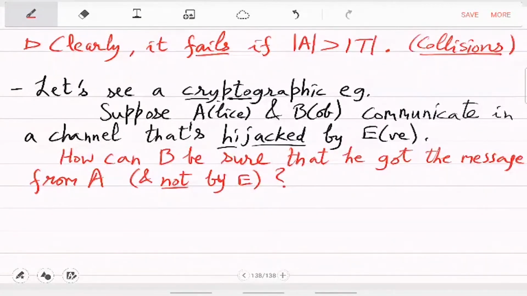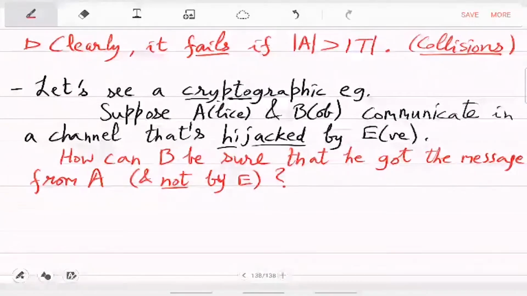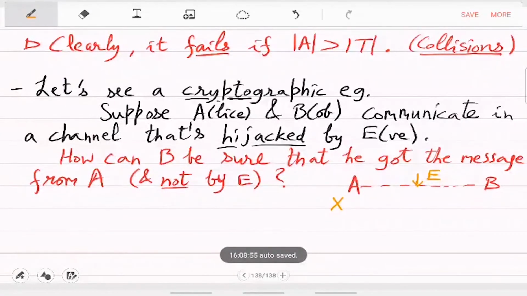But we can use one loophole, which is that A and B may share a secret which E doesn't know. With that secret, maybe A and B are in a better position. So the picture is something like this. There is A, there is B, there is this communication channel which is hijacked by E. A wants to send X, and some changes have to be made.